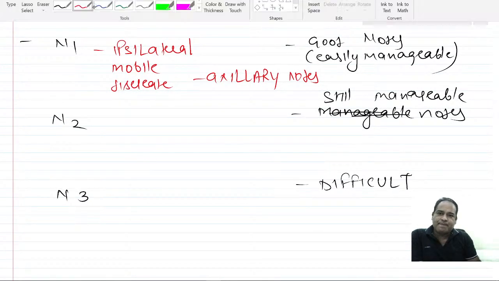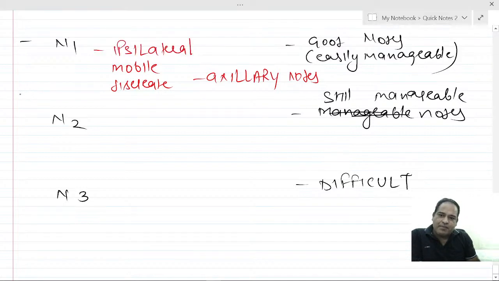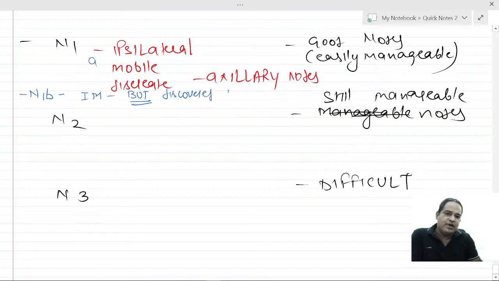Fine. Now, if you want to remember this, N1, this is N1A, this is N1B, internal mammary nodes, but discovered on sentinel lymph node biopsy. See here, they are discovered clinically.